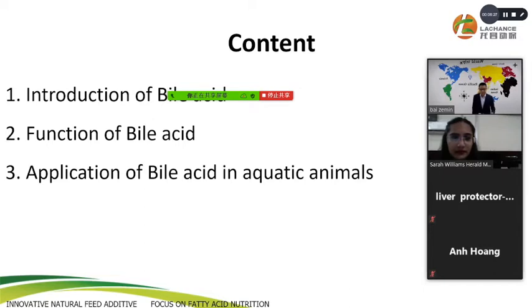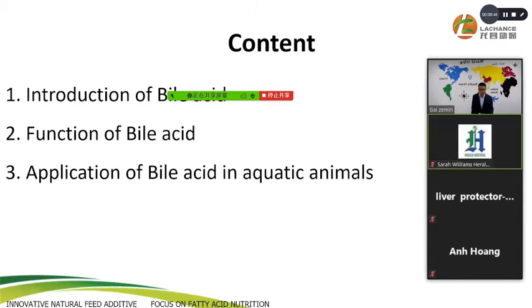I believe some friends, when they first heard bile acid, thought maybe this is acid, but definitely it's not acid. Later I will explain. The second part will be the function of bile acid, and the last one will be application in aquatic animals.